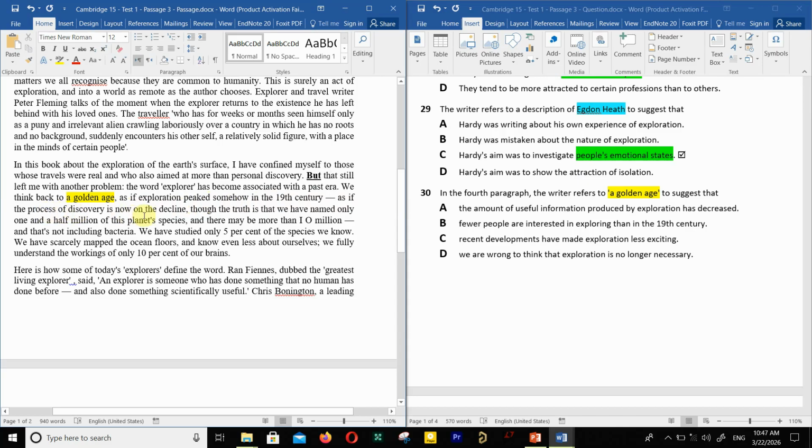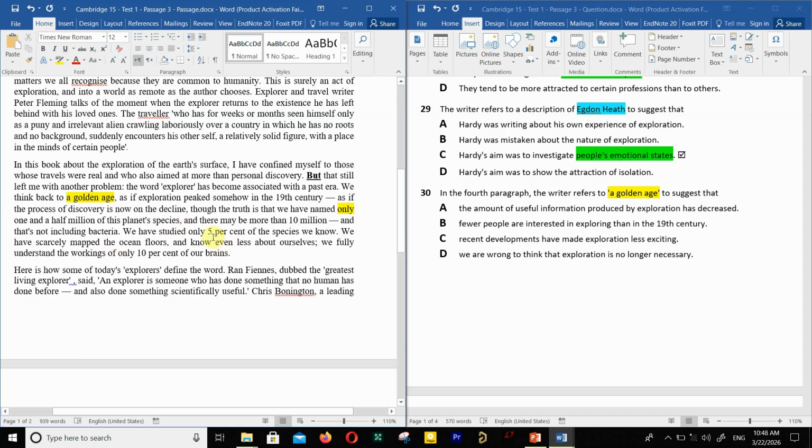as if the process of discovery is now on the decline, though the truth is that we have named only 1.5 million of this planet's species, and there may be more than... let me just check the book. More than 10 million, and that's not including bacteria.